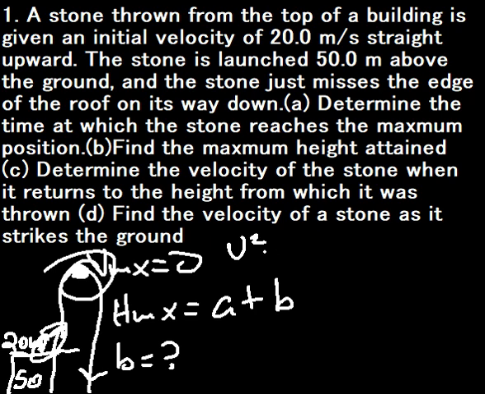Now V square, that is V max square, is equal to U square minus 2G.